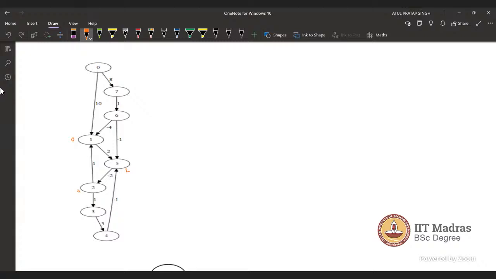So after moving around the cycle, you are not getting a lesser value than the initial value. The initial was 0, and after moving through this cycle you get 1. So this is not a negative weight cycle.